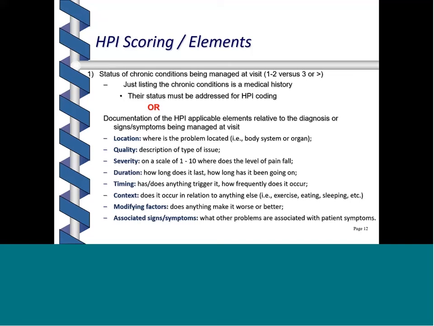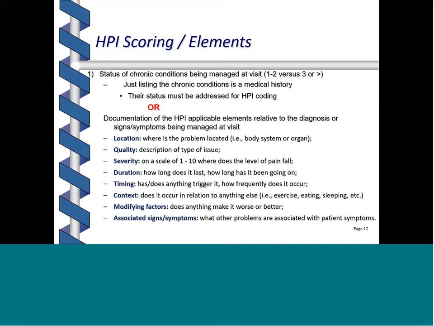So if you got called in because the daughter or the patient called because they've been not feeling well for the last week, you're going to put in there that you're seeing the patient today because they called because they've been having a cough and a fever for the last week. So we have a duration. Their temperature's been as high as 101, so we have some severity.